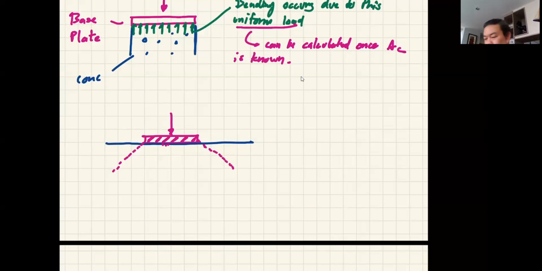Now, from local web yielding, we are saying that the slope that we use is 1 to 2.5, right? But in concrete, this slope becomes 1 to 1.